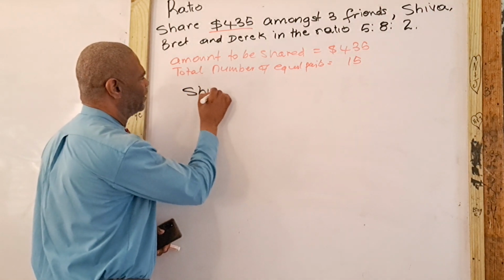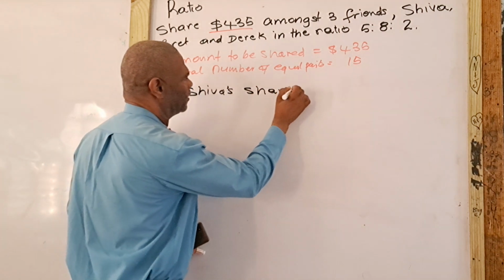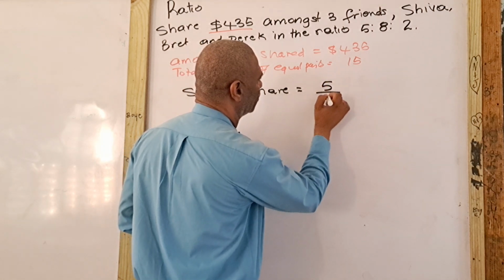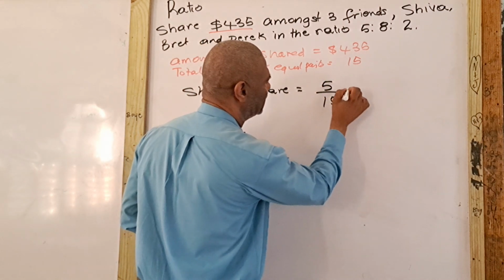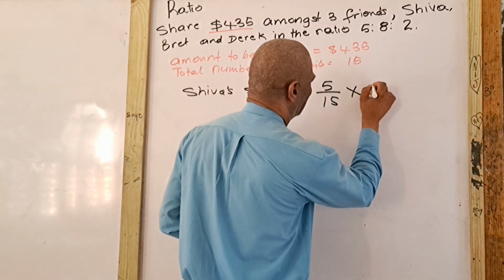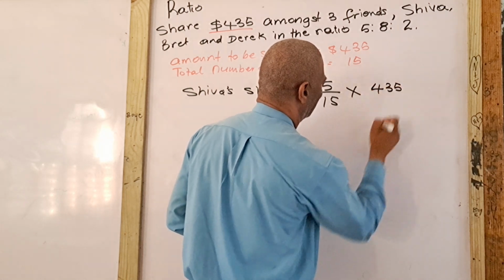Shiva's share is equal to what? 5 out of 15 times the total amount of money to be shared. So that will be times 435. Right?